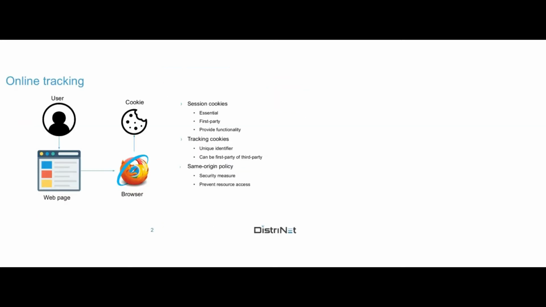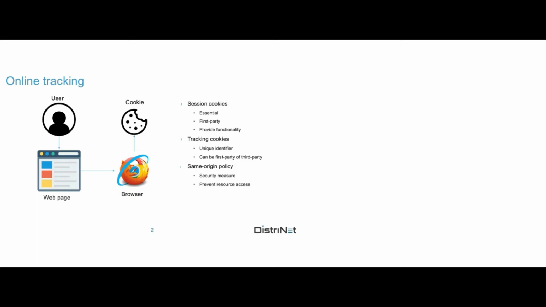Okay, so when we think of online tracking, the first thing that comes to mind is cookies, because this is probably the most widely known and widely used method of online tracking. So whenever a user visits a web page, the browser will store all kinds of cookies. Some of them are essential and provide functionalities that are necessary for the website to function in a correct way.